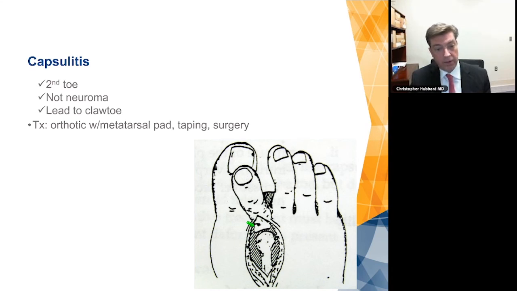Often as this goes on, the plantar plate, a ligament underneath the metatarsophalangeal joint, stretches out, allowing the whole toe to come up and then come over, in some cases, over the first toe.